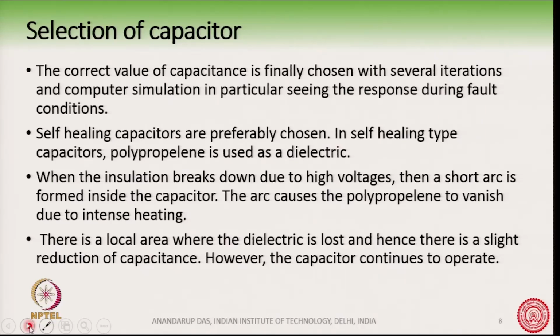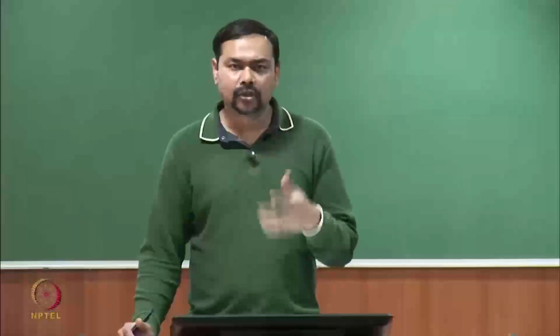So, what is the property of these self healing capacitors? In self healing capacitors, polypropylene is used as a dielectric. When there is a flashover or a high voltage on that capacitor, the insulation breaks down, and due to the enormous heat generated, the polypropylene vanishes. A small arc is generated and the polypropylene vanishes, so there is a local area where the dielectric is lost.